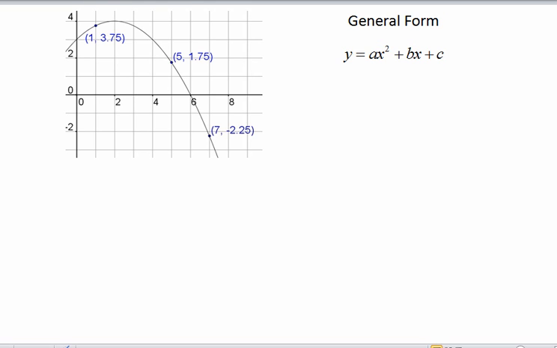Now the last form that we're going to take a look at is general form, and I think this is the more difficult of the forms to work with. Now before I start this, you can see the 3 points that you're given up there. If you're just given 3 points and nobody tells you how to do the problem, you just take those 3 points, go to L1 and put in the 1, the 5, and the 7.